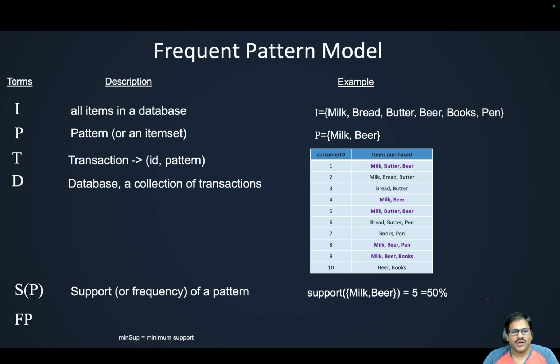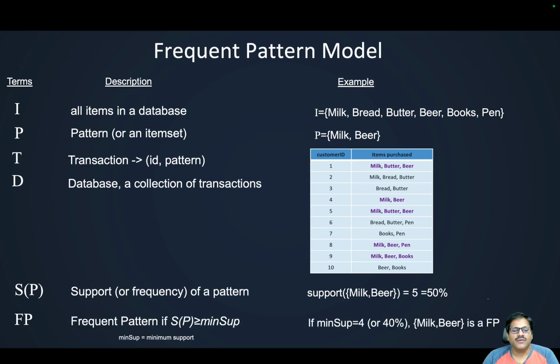Now, if we want to say a pattern is frequent, it is very simple. It has to satisfy the user-specified minimum support threshold value. For example, as a domain expert, I want to find the patterns that have appeared at least 50% of the time in my dataset.